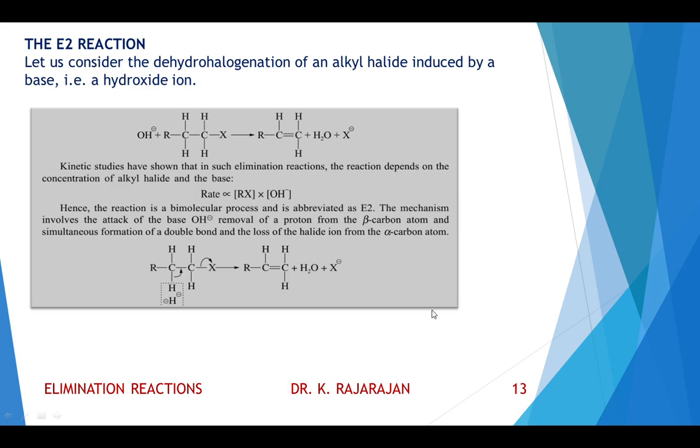So in order to explain the E2 reaction mechanism, let us consider the dehydrohalogenation of an alkyl halide induced by a base, that is a hydroxide ion. And here on the screen you can see this is the alkyl halide which reacts with the hydroxyl ion. You will have an alkene and water, and simultaneously the leaving group is departing from the substrate.